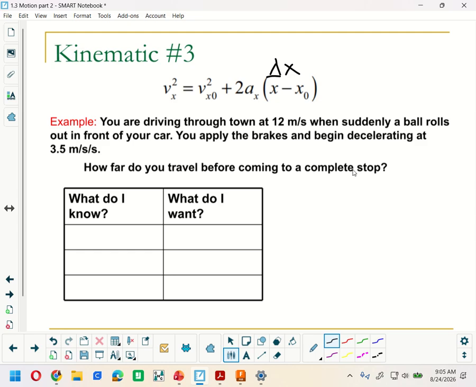Acceleration. My acceleration is 3.5. Anything else? Velocity. Is it my end velocity or my initial velocity? My initial velocity, 12 meters per second. Anything else?